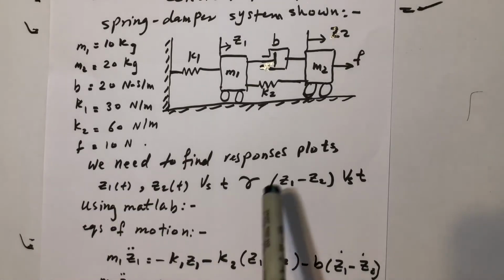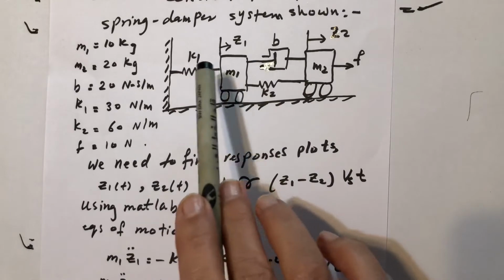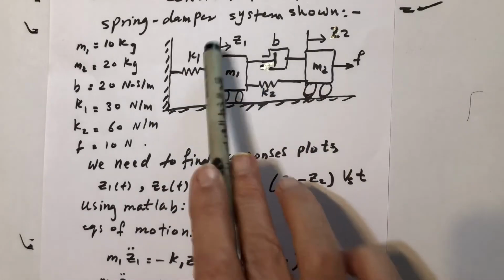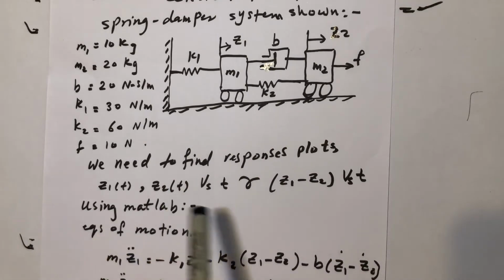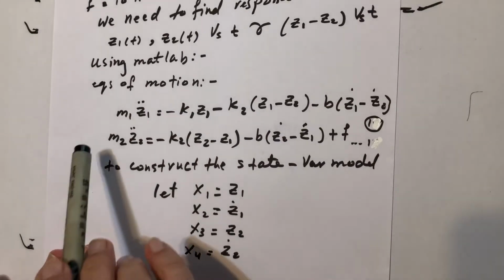We need to find the response plots: the motion of the system for Z1, Z2, and the difference between them, Z1 minus Z2. Of course, you can write the equations easily.